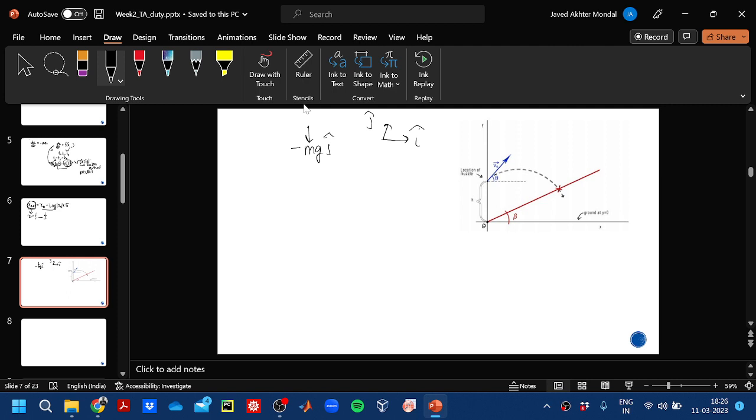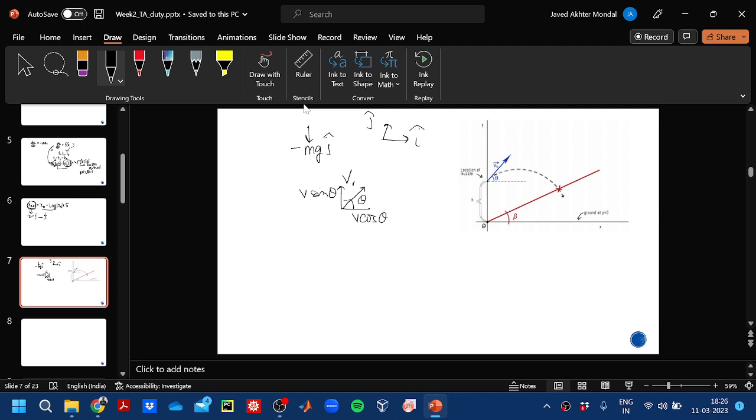So if we want to solve, its free body diagram, we have our velocity v0 and the angle is theta. So the velocity along the x-axis will be v cos theta, and velocity along y-axis will be v sin theta. And here the only force acting is in the minus j direction.